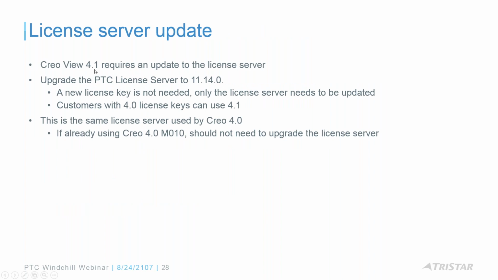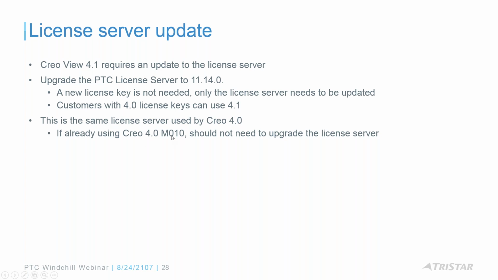For Creo View 4.1, I've had some customers who were not able to run it. Creo View 4.1 requires a new license server. So if you're at least on Creo 4 M10, you should already have that license server installed because that's required.